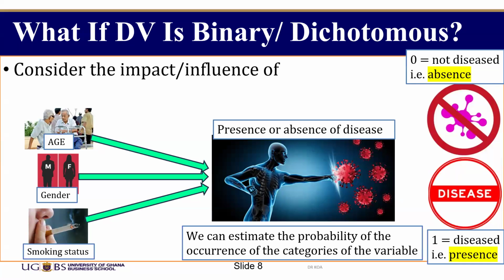That leads to the presence of disease. Very good. So the key point here is that you can determine the probability of the occurrence of the categories of the variable, the probability of them leading to the disease or not.